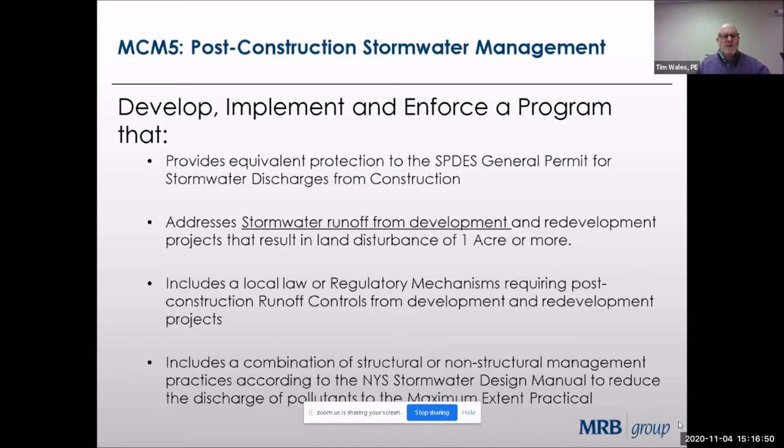So minimum control measure number 5 deals mostly with post-construction stormwater management. A lot of the same rules. The municipality has to enact laws or regulatory mechanisms to allow them to regulate stormwater practices after a site is fully constructed. Same rules apply for the thresholds for 1 acre or more.